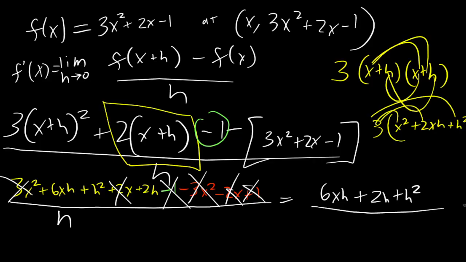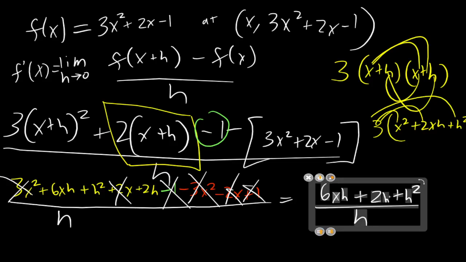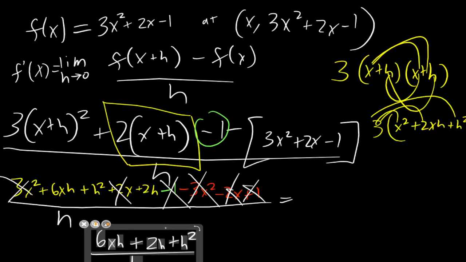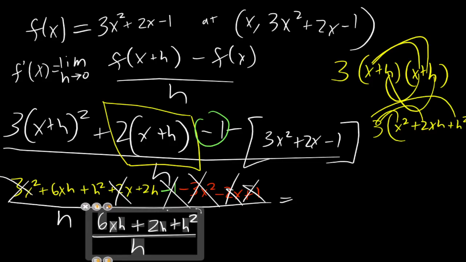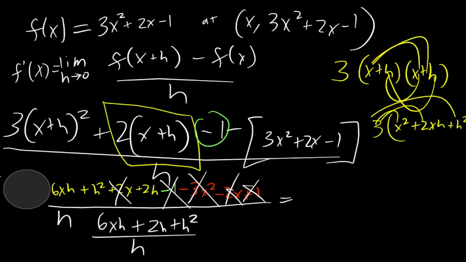Divide that all by h, and guess what? We can factor out an h. Nice. So let's bring it down there again, over here for more space, and let me just erase this because we already got rid of all that.